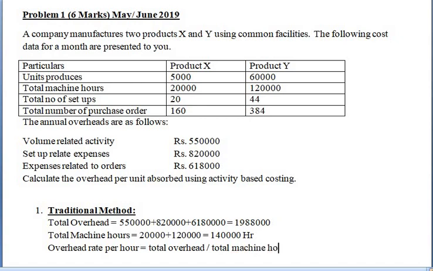Total overhead is 19,88,000 divided by total machine hours 1,40,000. So per hour will be rupees 14.2, nothing but 14 rupees 20 paisa. This is the overhead rate per hour.